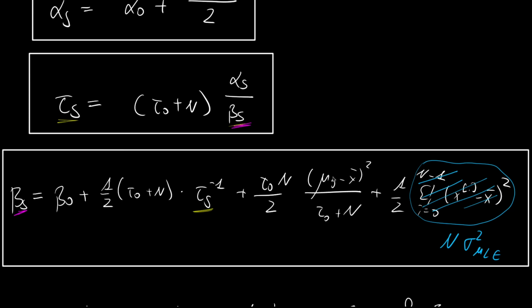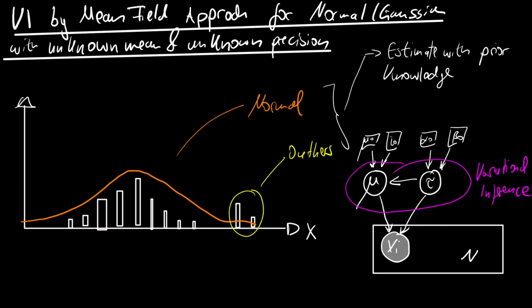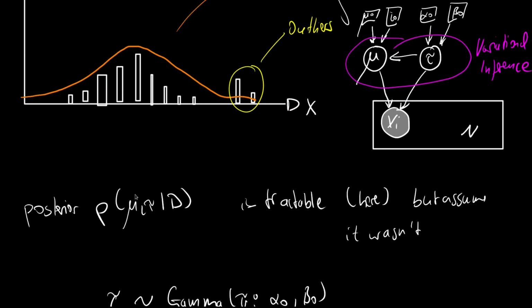So let me summarize once again what we did. Going all the way back up here, we wanted to find a surrogate posterior on our two parameters mu and tau. We knew that we have a true posterior that is analytically findable, so it is actually tractable. Let me also put this down, that it is tractable, it's not intractable.